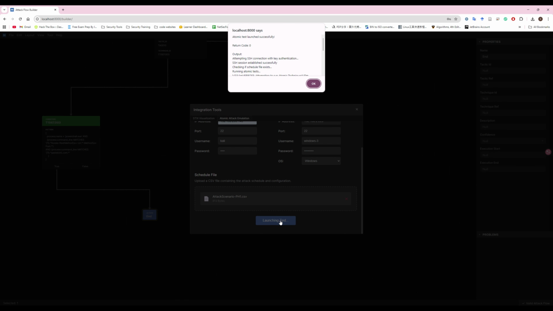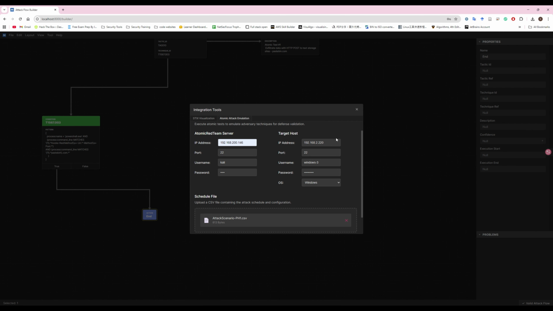When all the attacks within the schedule file are executed, the browser will pop up an alert including some logs. The whole attack scenario has two phases to mimic lateral movement, so it needs information of two target hosts and two schedule files.